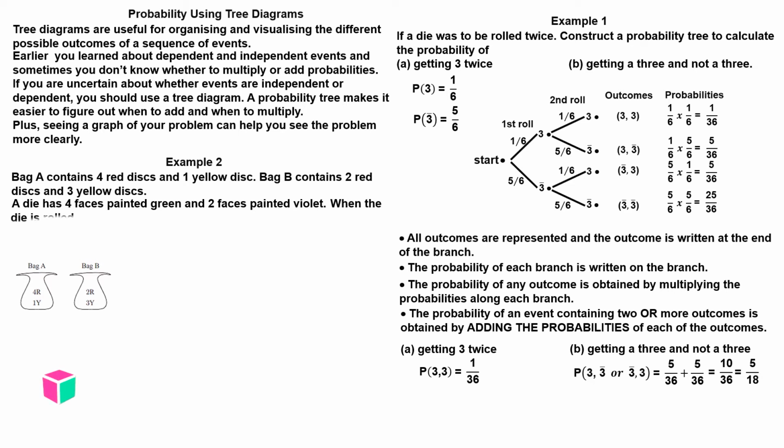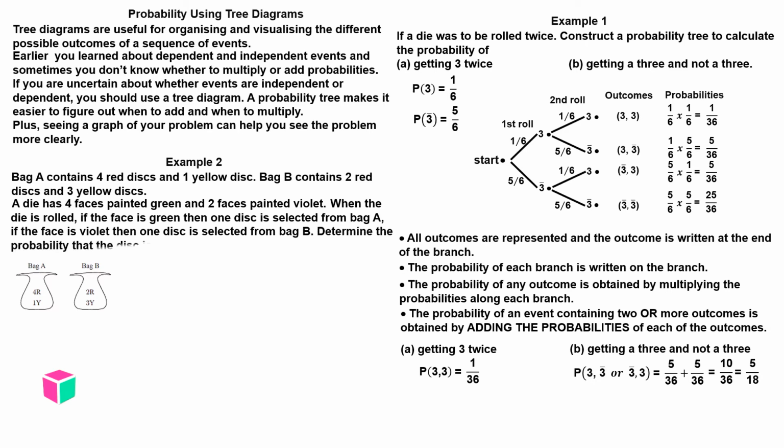When the die is rolled, if the face is green, then 1 disc is selected from bag A. If the face is violet, then 1 disc is selected from bag B. Determine the probability that the disc is yellow.